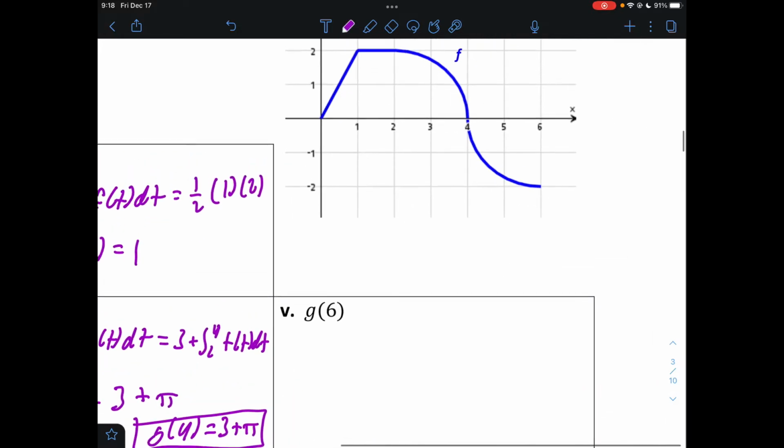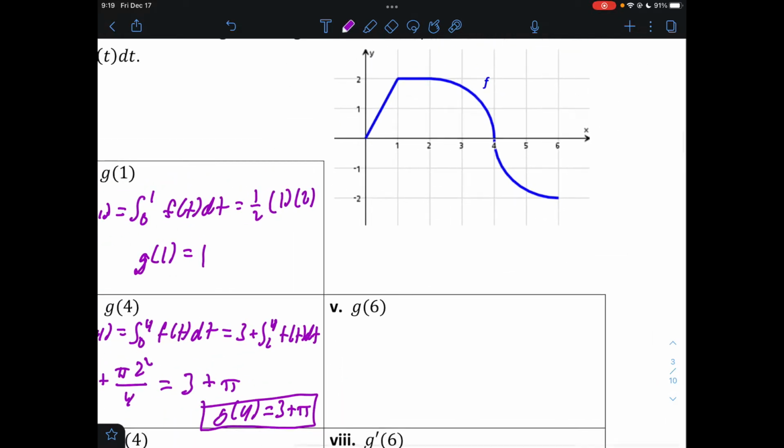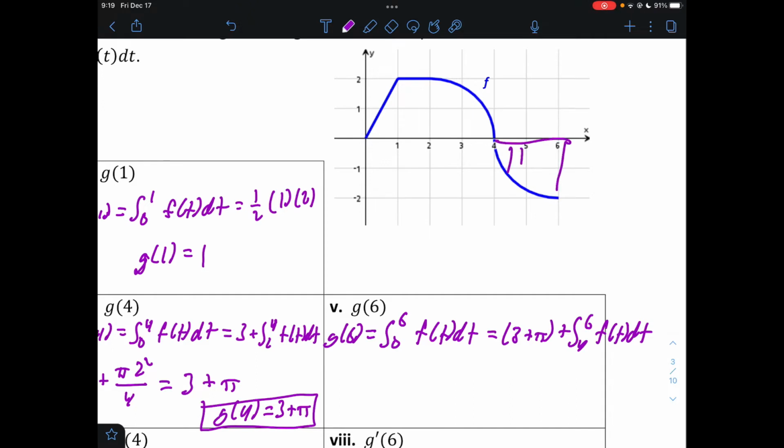Finally, g of 6. Again, there are a couple different ways we can write this. We can write g of 6 equals the integral from 0 to 6 of f of t dt. Or, since we already know what g of 4 is, we can do 3 plus pi plus the integral from 4 to 6 of f of t dt, which is going to be much easier. All we have to do now is find the area of this.